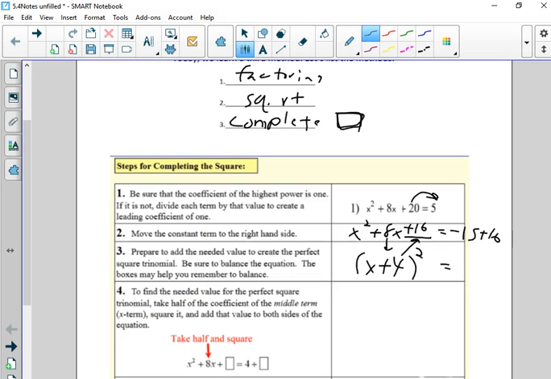Which is 16. Now, if I add 16 to the left side, I need to add 16 to the right side. And that gives me 1. Negative 15 plus 16 is 1.